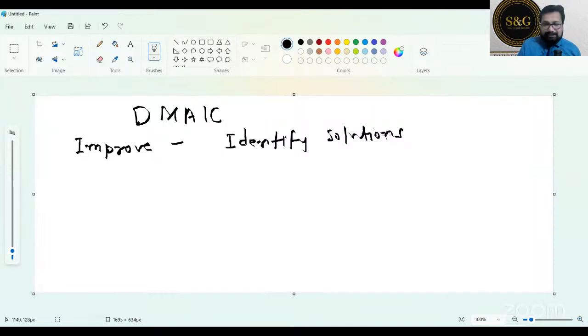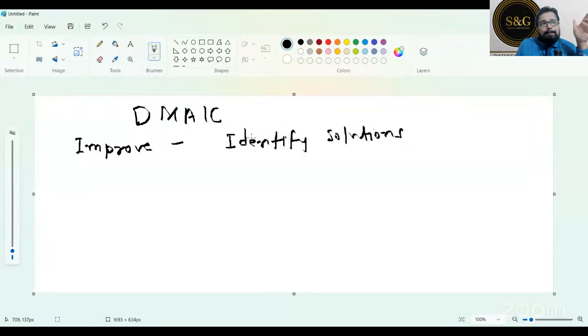Brainstorming, fantastic, superb. In the green belt level, fishbone is used to identify the causes, so fishbone is used in the analyze phase. Now we are identifying the solutions, coming to the next level, which is the improve phase. Brainstorming is a very important thing.